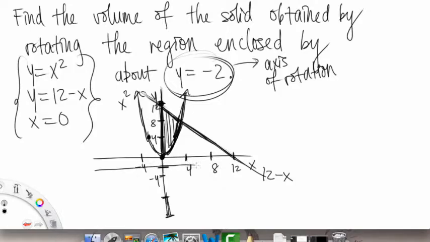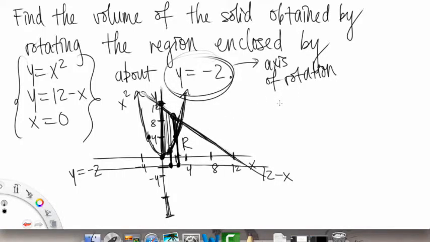So that means we're going to have to start our radii from down here, up to the bottom border of that region. So this is our little r. And then capital R is going to be from the axis of rotation all the way to the far border of our region. So that's going to be our capital R.